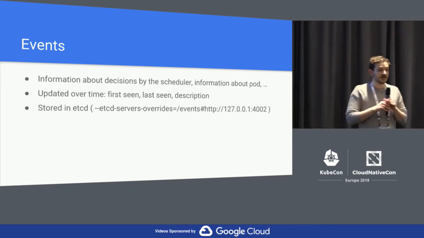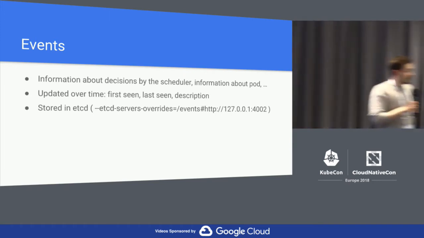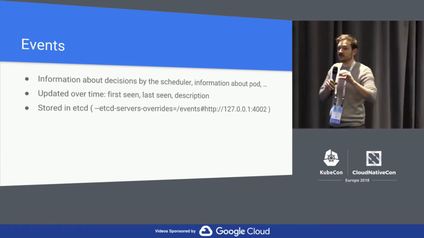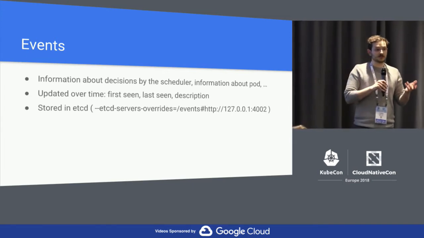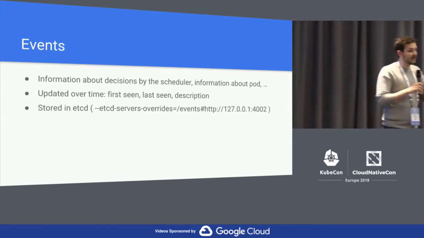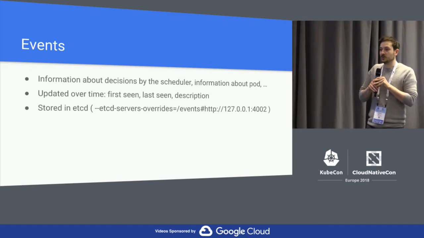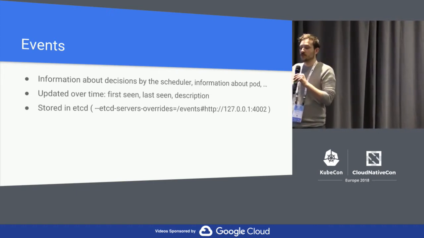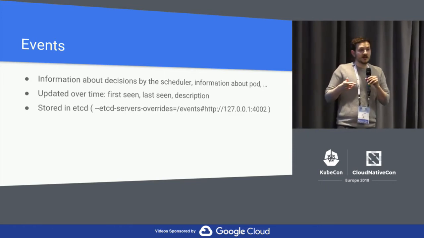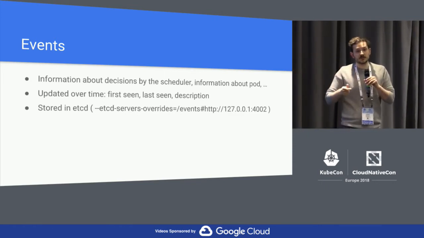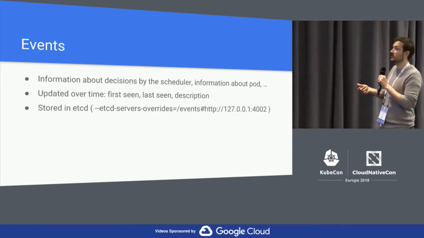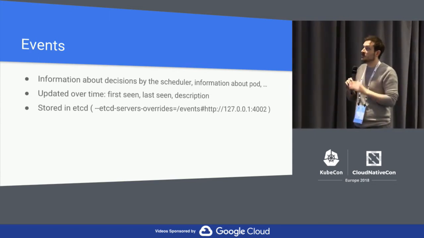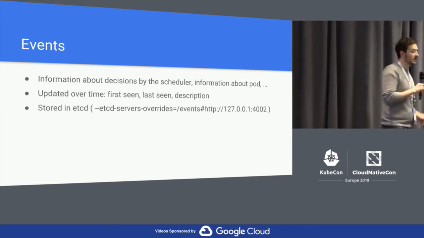It's very limited in that regard, and that's why we try to keep the amount of events a particular component can expose low, and it's actually updatable. So when you list your events for an object, for example, if a pod can be scheduled, then it will always update that for the last time it's seen that, for example, and update the description of events, possibly.